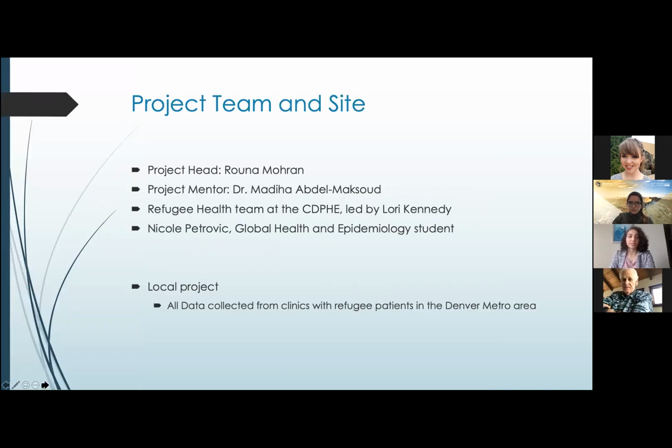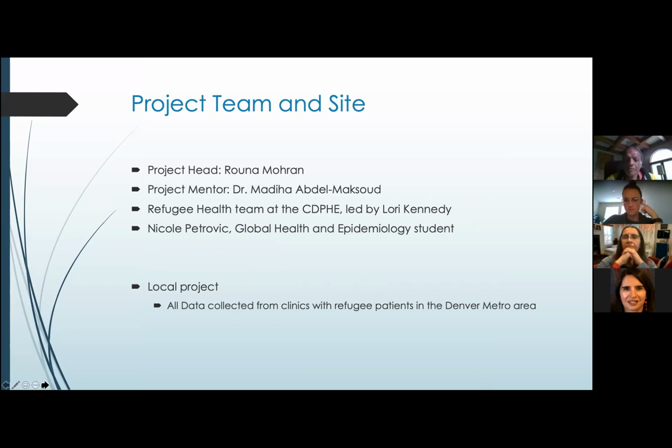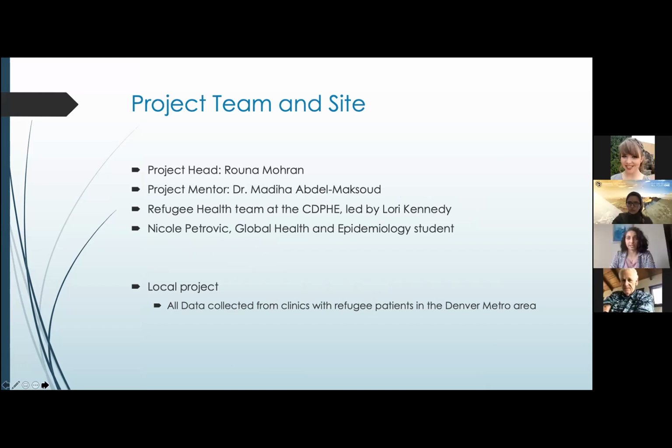The members of my team, so this project was of my own design. Dr. Madiha Abdul Maksud is my project mentor. We've been working with the refugee health team at the Colorado Department of Public Health and Environment, led by Lori Kennedy and her team. And I'm also working with a global health student at the CU Anschutz campus, Nicole Petrovic. She's been very helpful so far.